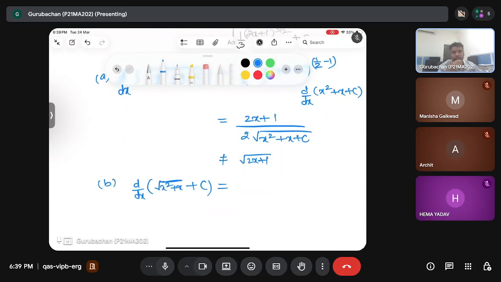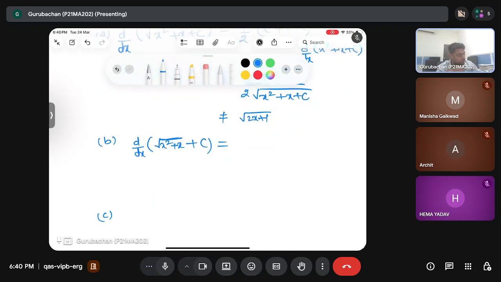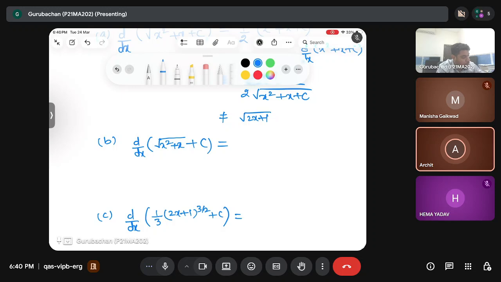What is the differentiation of this part? So 2x plus 1 upon 2 times of under root x square plus x.